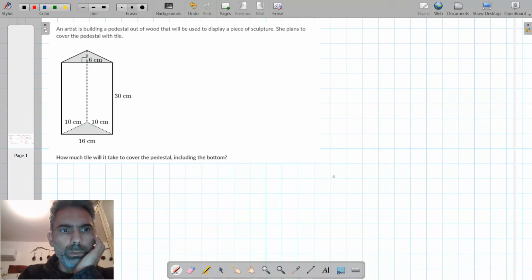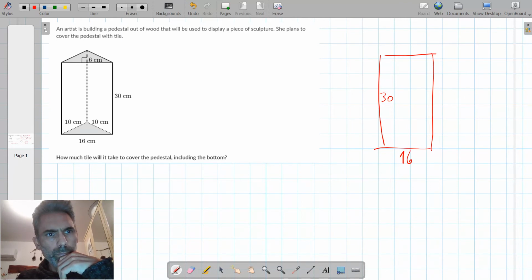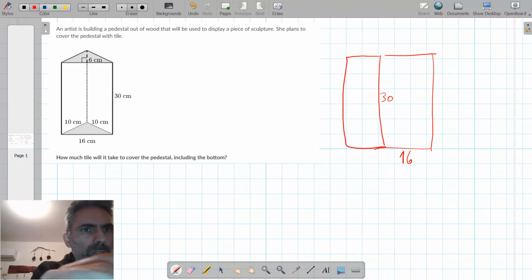Okay, so this is a triangular prism. So I have the front face, which is 16 by 30, and the left face, which corresponds to this face here.